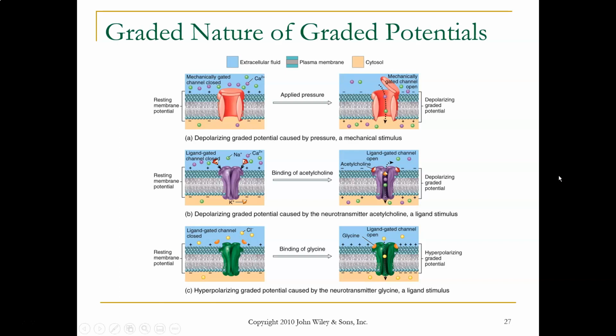Sometimes that causes positive charge to come in, like at the neuromuscular junction, but then there's also such a thing as hyperpolarizing graded potentials, where we have negative charge coming in. So the main takeaway here is that the ion gates in graded potentials are controlled differently, either by chemicals or mechanical force.